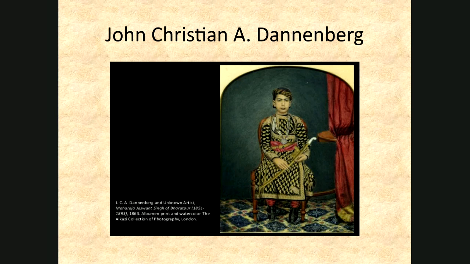Dannenberg was a German photographer who made this particular photo in northern India of the Maharaja. And it's an interesting image because it was later overpainted by an anonymous artist in a very distinctly Indian style.